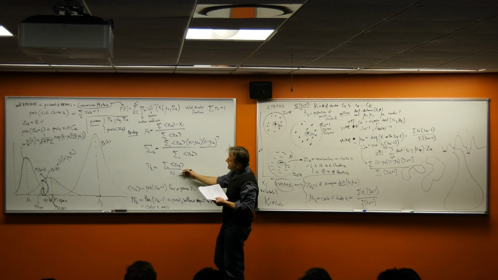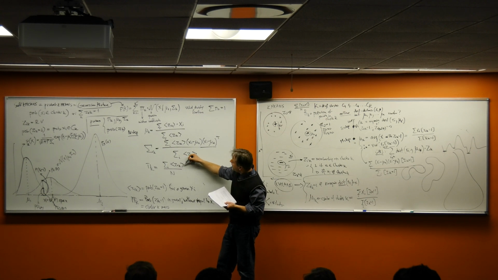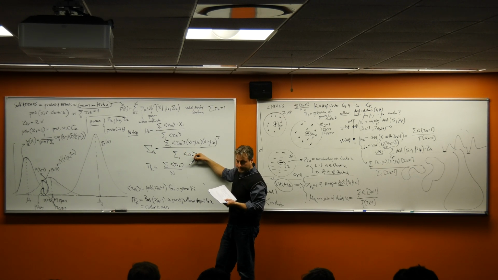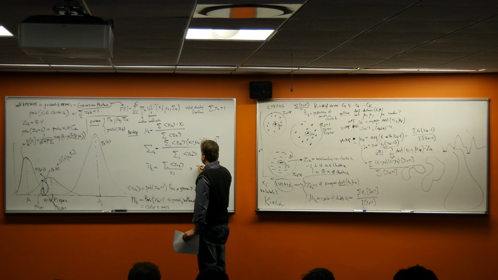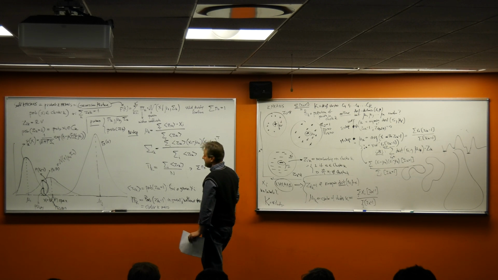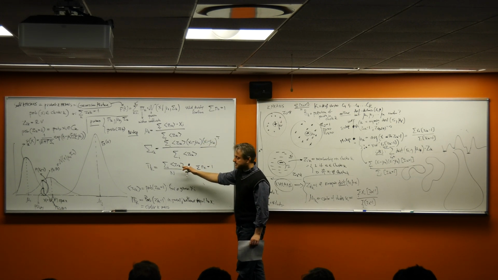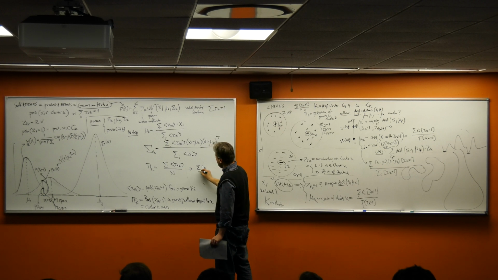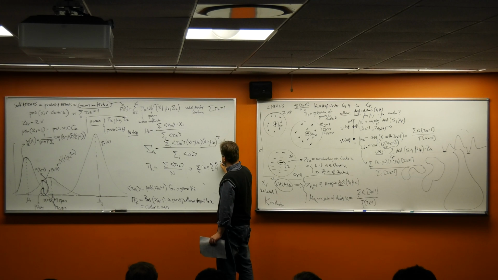Right? And it's correct because the sum of all these ziks sum to n eventually, right? For every point the sum of ziks has to be 1, so if I sum over all the points, I get n, because there's n points. This will imply that the sum of pik's is 1, because if you do the calculations, the sum of pik's over k is the sum over k of sum over i of zik divided by n.